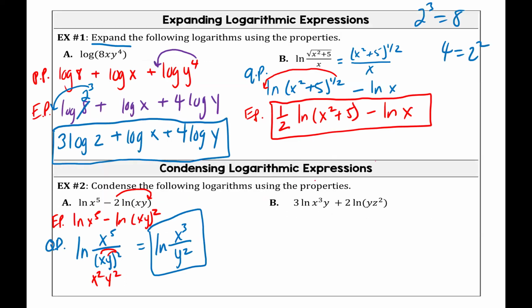All right, so again, we're going to start off here. Are there any powers that I can condense? I can use both for EP. So I'm going to apply this. It goes to the entire argument. Does that make sense? So I'm going to have the natural log of x to the 9, y to the 3rd.